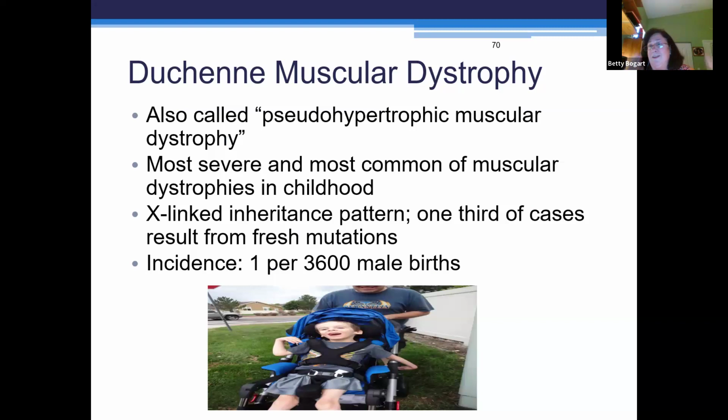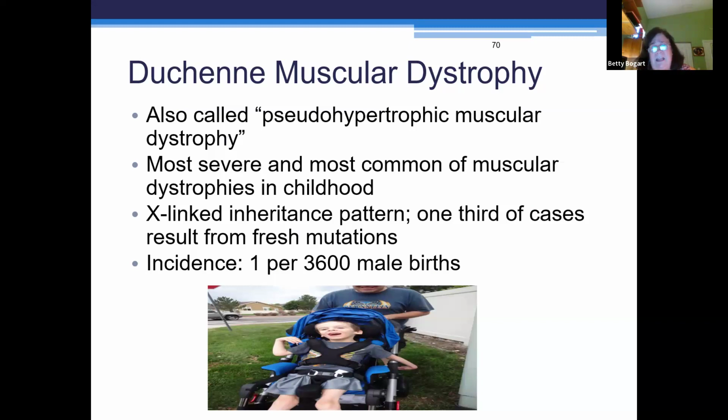Now, the most tested of all these types of neuromuscular things is Duchenne muscular dystrophy. It is a progressive wasting of the muscles again. Yes, it's the most severe and most common. These children get this disease from mom.